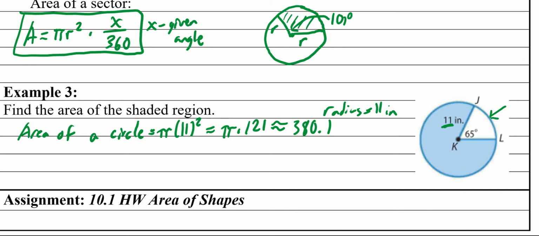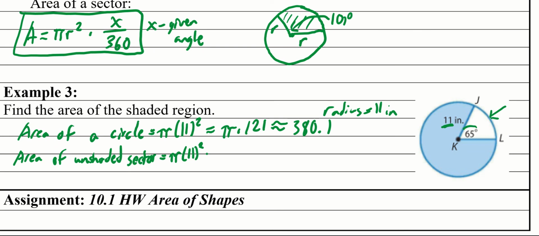Now what I'm going to do is find the area of the unshaded region, the unshaded sector. And the only difference is I'm going to subtract this at the end. So here our equation is still the same, pi r squared, so pi times 11 squared. And then remember, it's times x over 360.